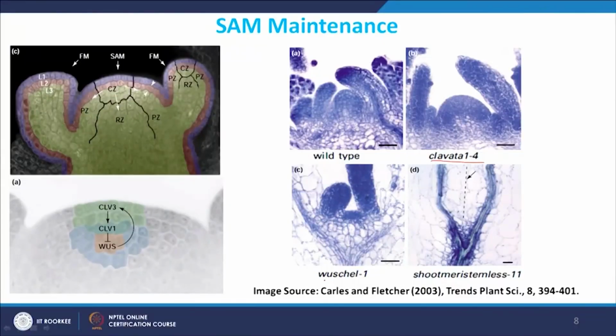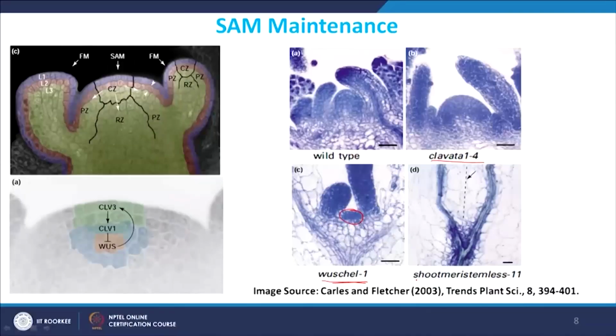This suggests that CLAVATA is playing some role in restricting the shape and maybe the size of the shoot apical meristem. Wherever you see the wuschel mutant, in the wuschel background you see a meristem-like structure, but it looks like it is terminated early. So there is premature termination of the meristem here, whereas here is a gain of meristematic activity.